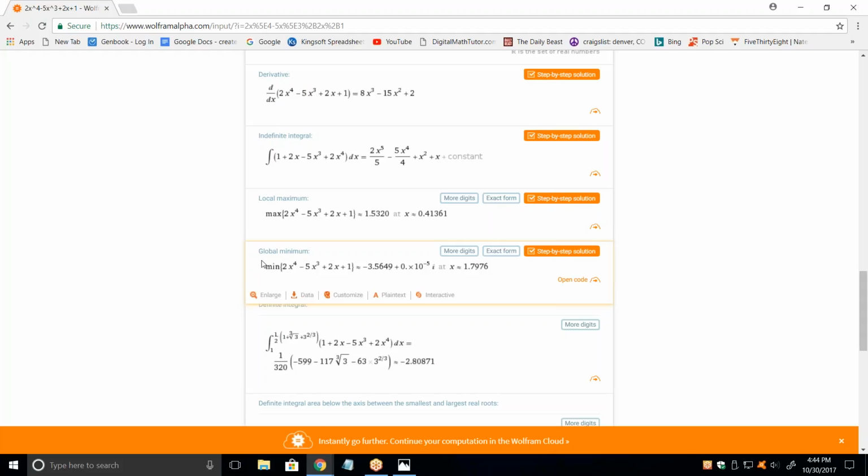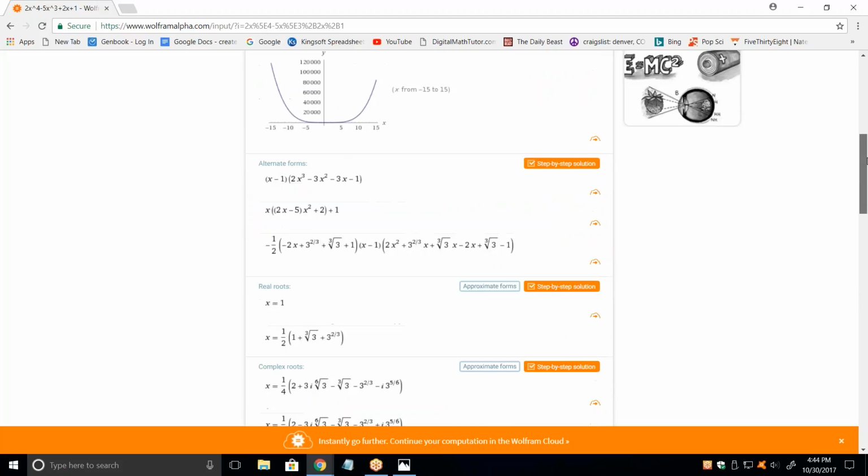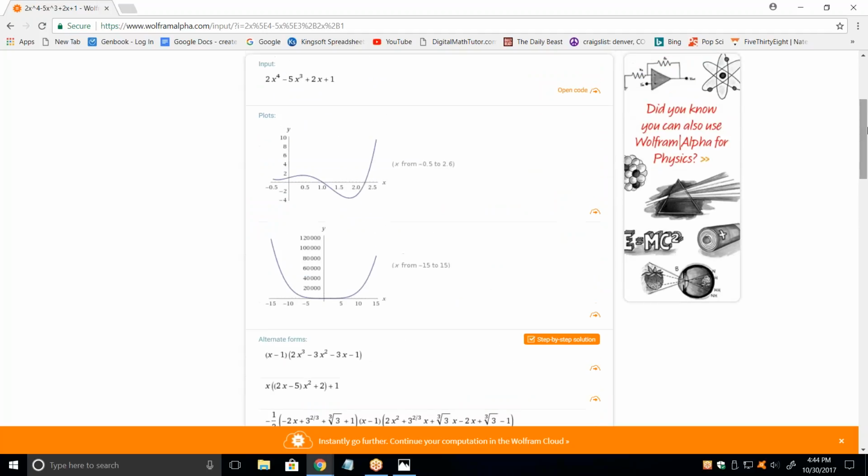You understand the difference between absolute minimum and relative minimum. The one that Wolfram Alpha is giving me here is the absolute minimum. And yet they do list a local maximum. But oddly enough, they don't list the other local minimum. But you found it on your calculator.